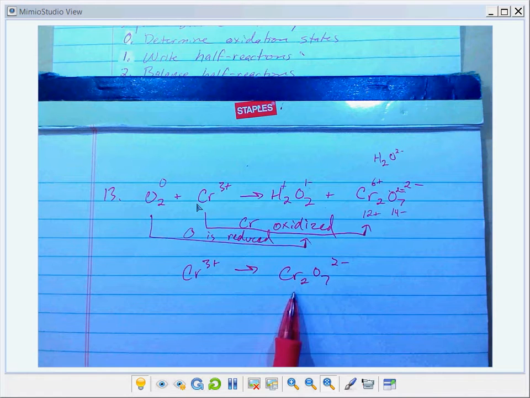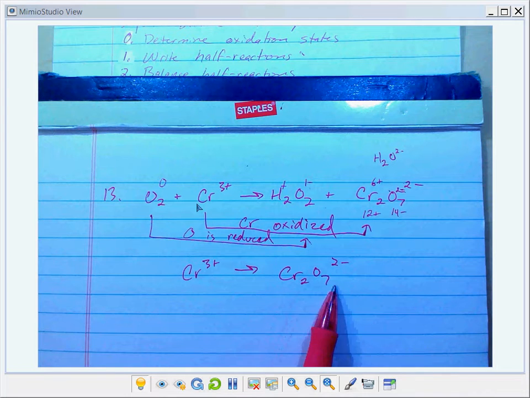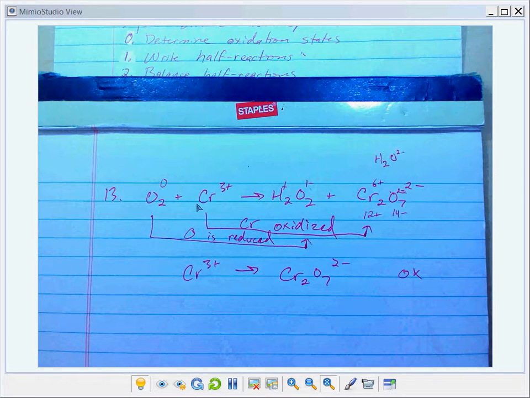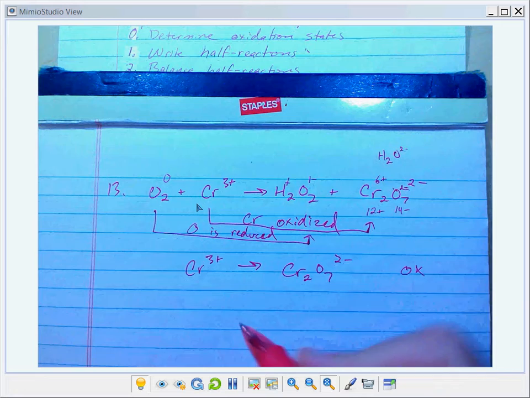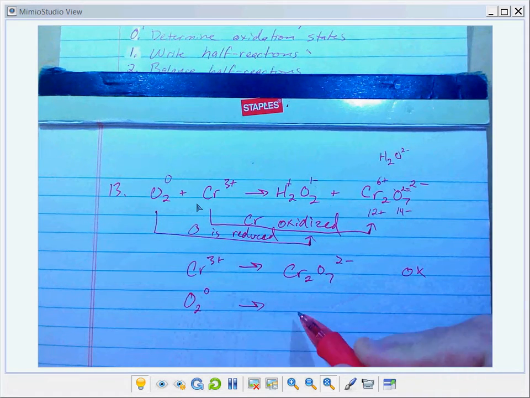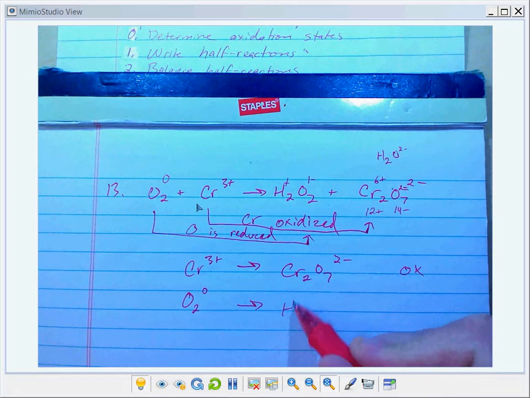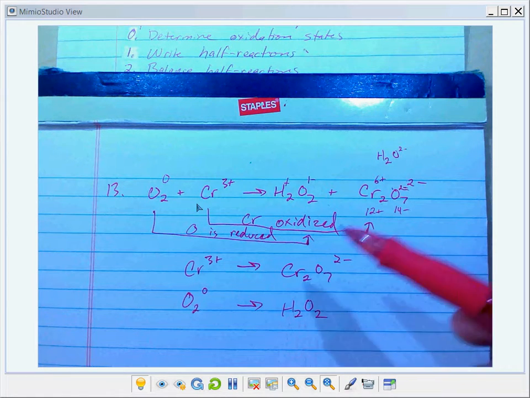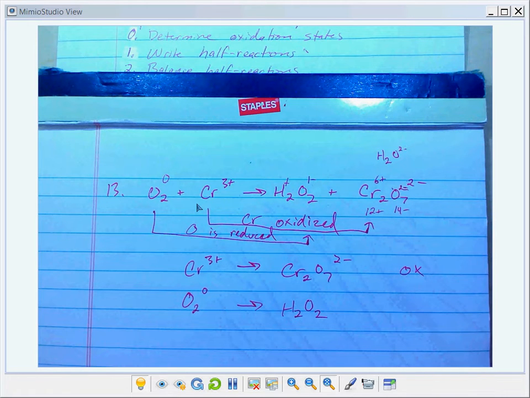We have to write the entire dichromate ion here because the chromium is bonded to oxygen, so we've got to bring the oxygen along in the half reaction. That's the oxidation half reaction. Now we need to do the reduction half reaction. We're going to write O2, and have it make H2O2. This time I didn't bring along all the oxidation states. We're going to see what happens when we do that.